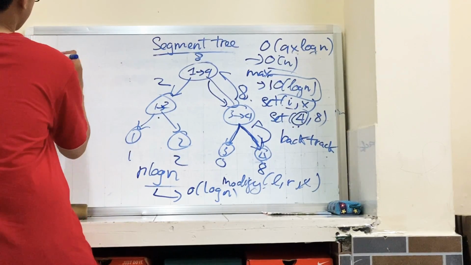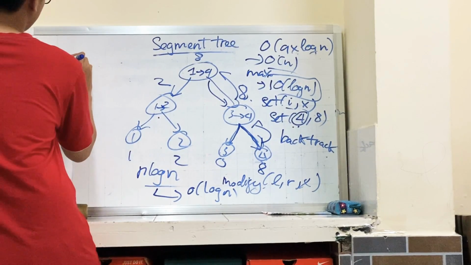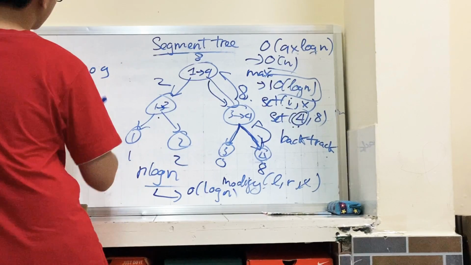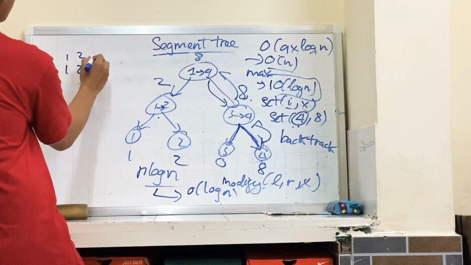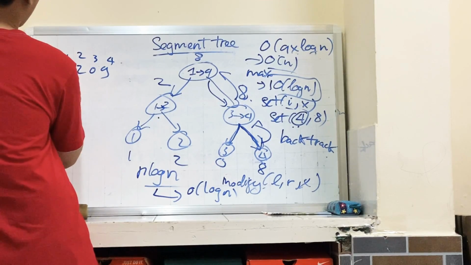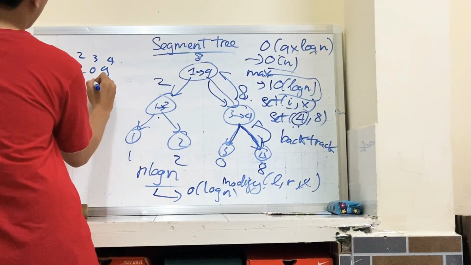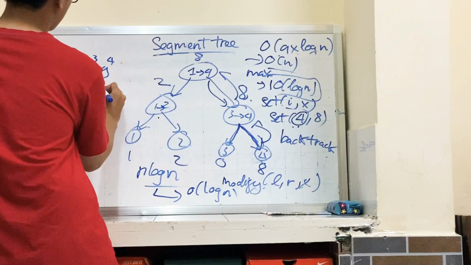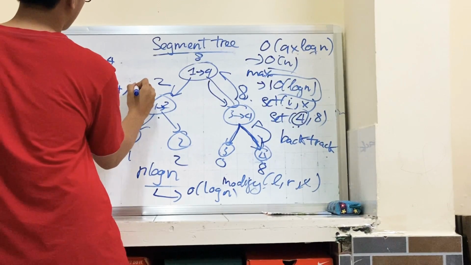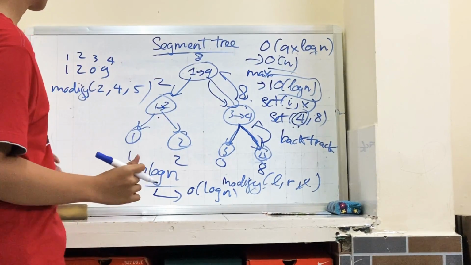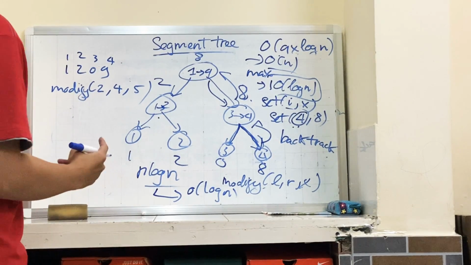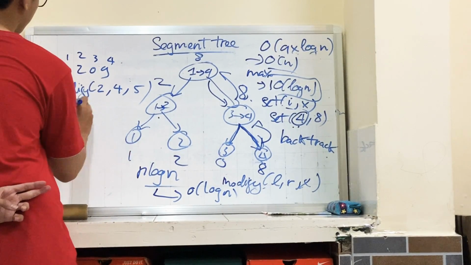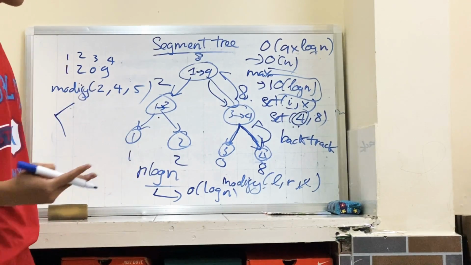For instance, we have 4 elements: 1, 2, 0, 9, and we want to modify the values on the interval 2 to 4. We have two ways to modify.